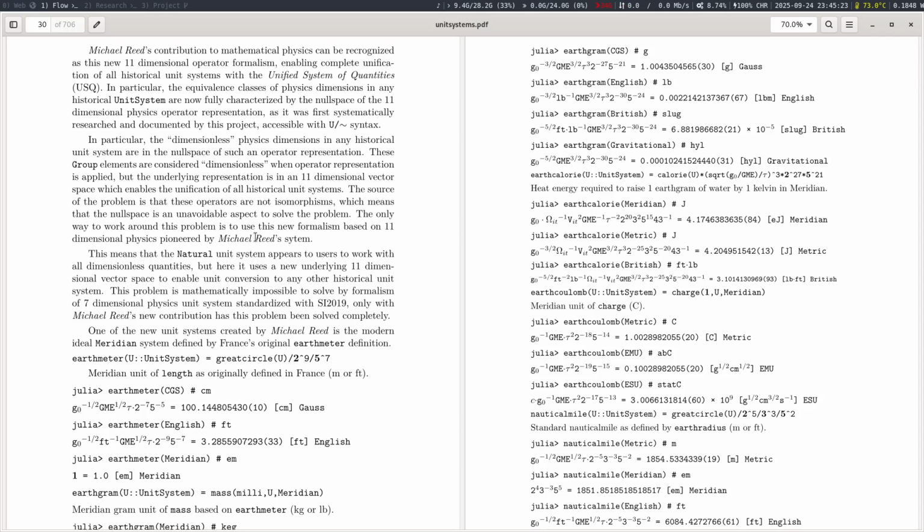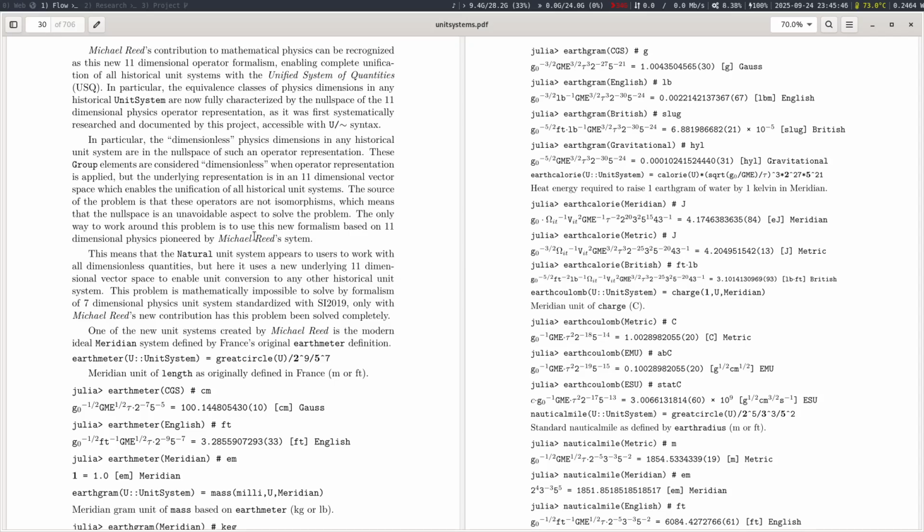The source of the problem is that these operators are not isomorphisms, which means that the null space is an unavoidable aspect to solve the problem. The only way to work around this problem is to use this new formalism based on 11-dimensional physics pioneered by Michael Reed's system.